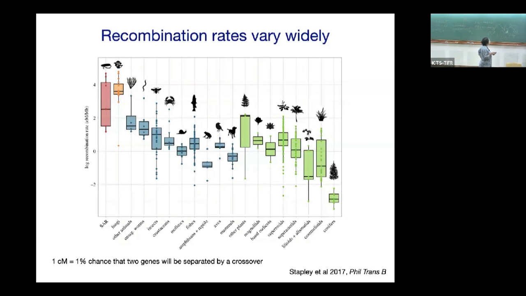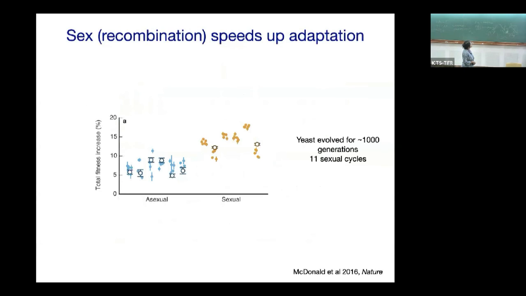So if you have a very high rate of recombination, then you are going to have a lot of variability generated in the population, which should have consequences for evolution, different from situations like conifers, where recombination is measured as being very, very low, right? So how variability is generated can differ in different organisms quite a lot, whether it is primarily occurring through mutations or recombination or some mix of these two things.